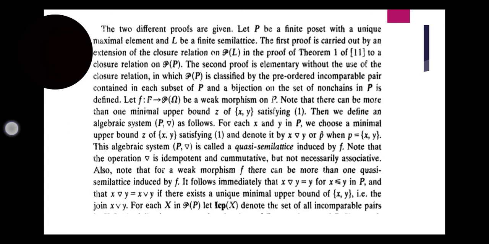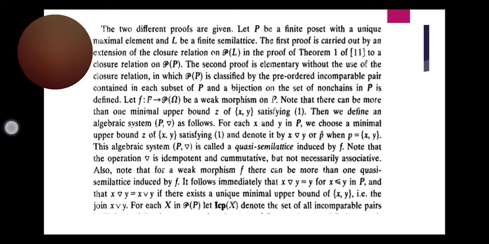Note that the operation is idempotent and commutative but not necessarily associative. Also note that for a weak morphism F, there can be more than one quasi-semilattice induced by F. It follows immediately that x is less or equal to y in P and then x comma y is called x or y.